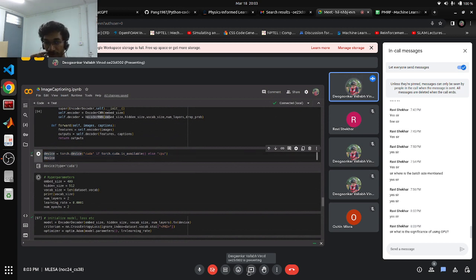What is the significance of using a GPU? Whenever you are training these neural network models, you want to parallelize the computation. A GPU will make your training procedure a lot faster than a CPU can do. A CPU does a sequential process, and depending on the number of cores you have, only that many tasks can happen at once. But in a GPU, everything happens in parallel, and it helps you do matrix multiplication sort of operations very fast.